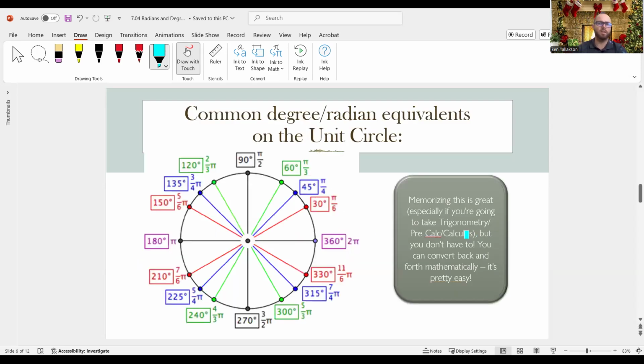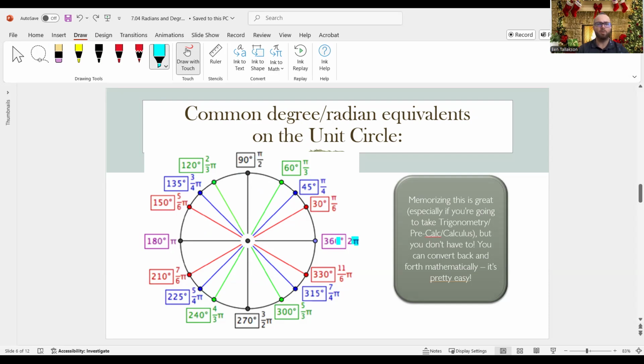Alrighty then, here is a more filled-in unit circle with all of the degrees and radians. Remember, this is always where you start when you're calculating radians and degrees, and you move in the counterclockwise direction. If you go a quarter of the way, well, that's half of pi, right? Because maybe think about this backwards.